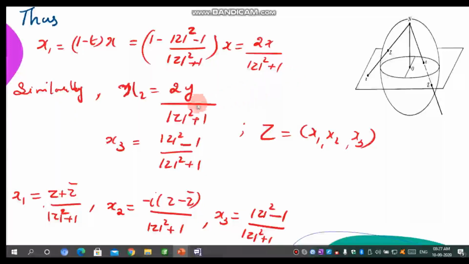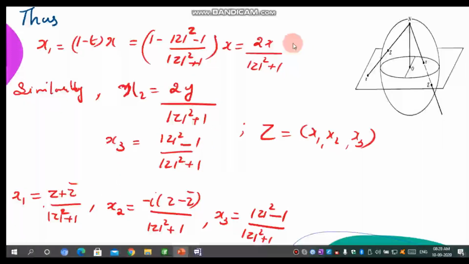Similarly you will get x2 and x3, where capital Z equals (x1, x2, x3). So you are getting the coordinates of Z in terms of small z.